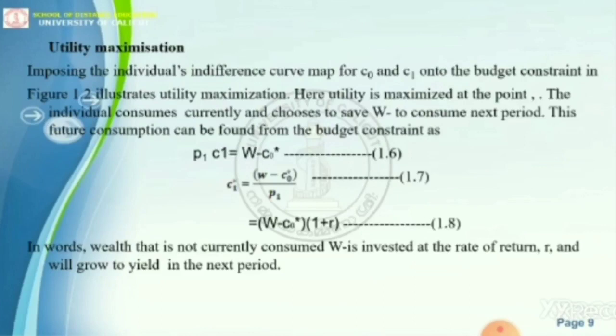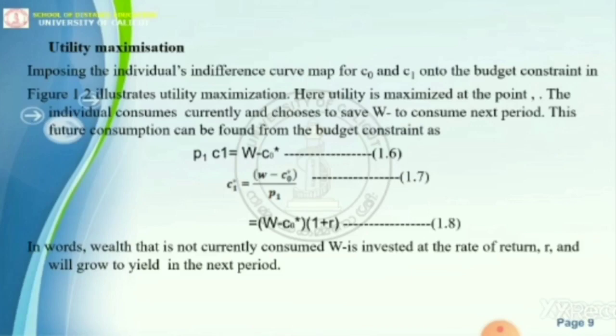Okay. Then here utility is maximized at the point where the individual consumes C0 star currently and chooses to save the rest to consume next period. This future consumption can be found from the budget constraint as P1 C1 equal to W minus C0 star. That is equation number 1.6. Here what is C1 star? Future consumption, the future level of foregone consumption, is equal to (W minus C0 star) divided by P1. That is equal to (W minus C0 star) times (1 plus R).